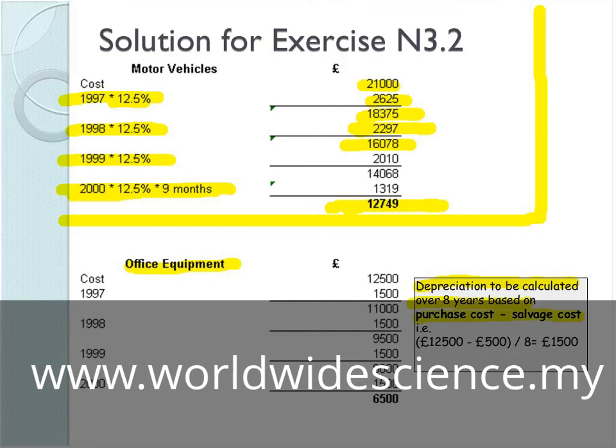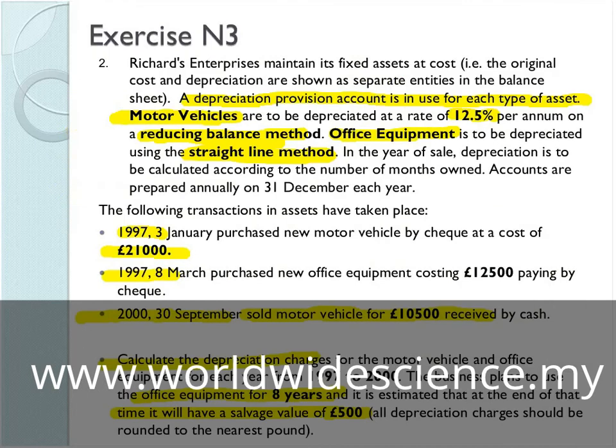That means first we bought the office equipment for 12,500, right? Here, I'm going to show you. On March 8, 1997, we purchased new office equipment costing 12,500, right?